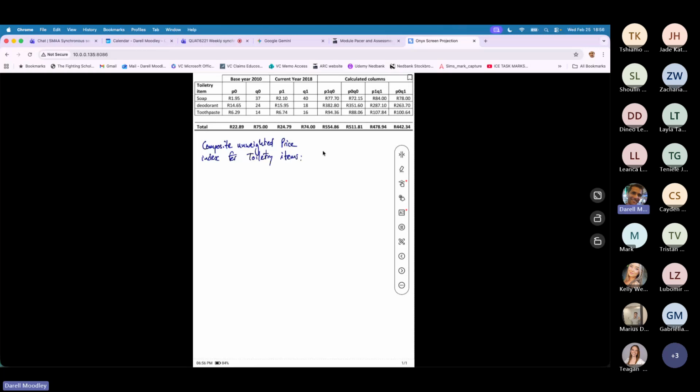Now unweighted means you don't take both price and quantity into account. You just look at price. And if that's the case, then you would look at the total, because composite means everything, not a single item. So it would be the total price, which is 24 in the current year, divided by the price in the base year, 0.89 times 100%. And then work it out and interpret it.